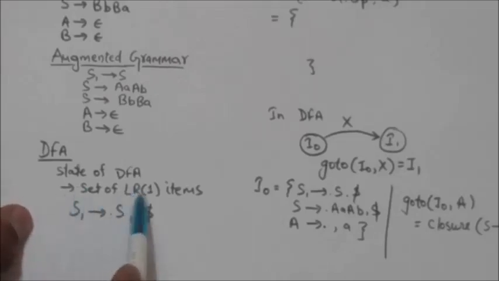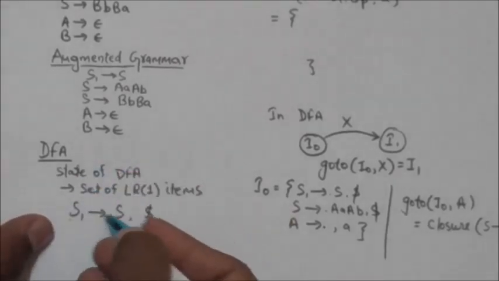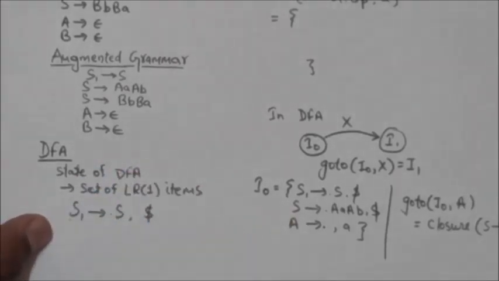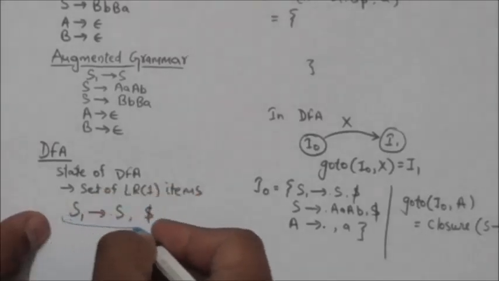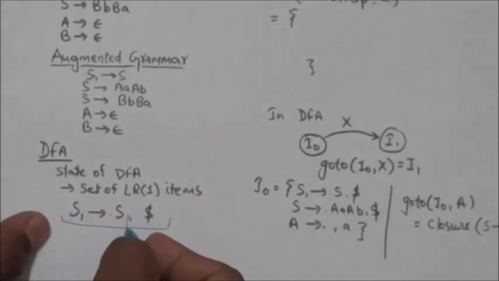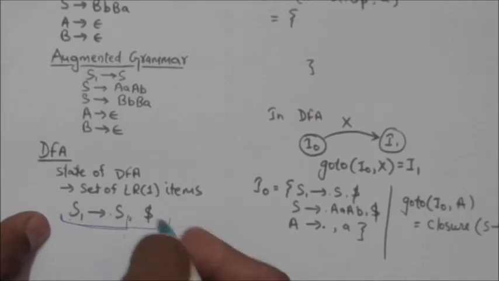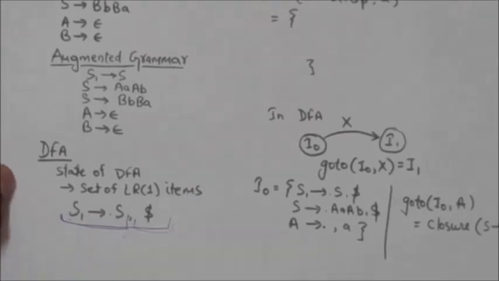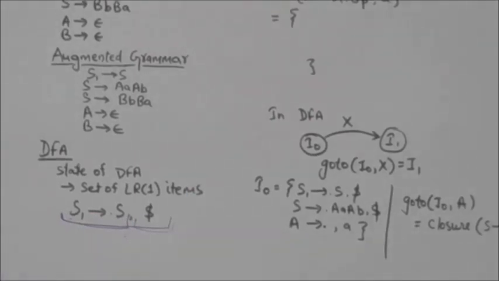One LR1 item consists of one LR0 item and a look ahead symbol. Here you can see this LR1 item consists of this LR0 item and this look ahead symbol. It will become more clear later what these LR1 items and look ahead symbols are.